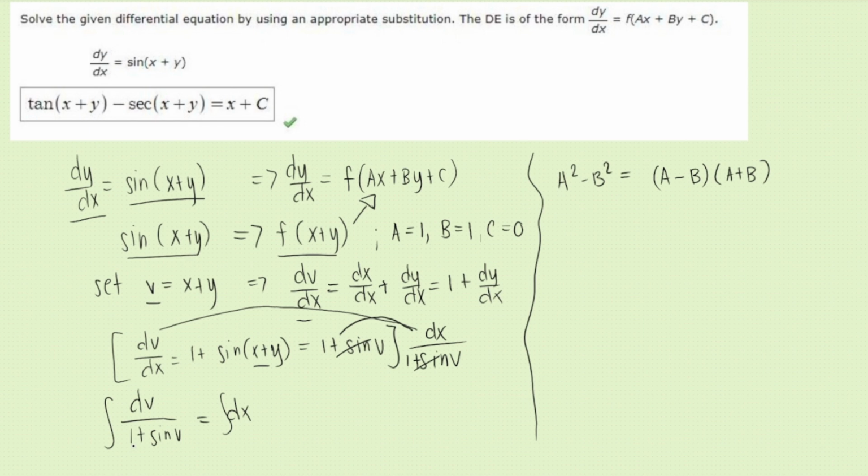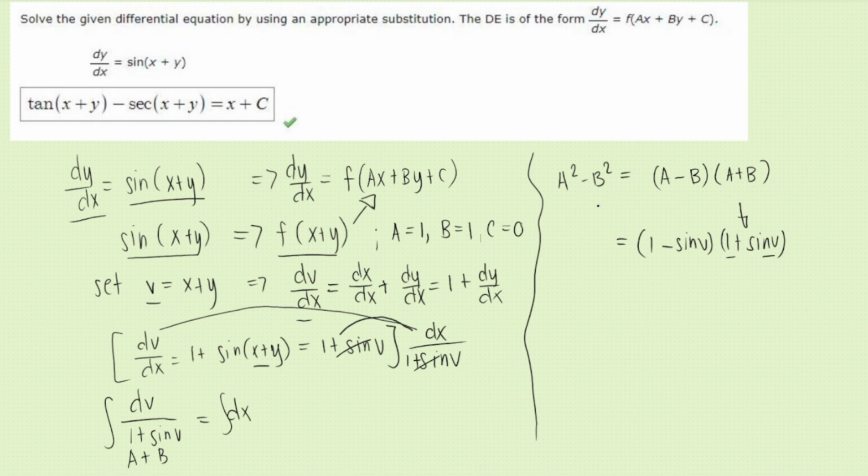As you can notice, we have 1 plus sine v in our denominator, so we can make this a plus b. If our a is 1 and our b is sine v, then we should expect our a minus b to be 1 minus sine of v.